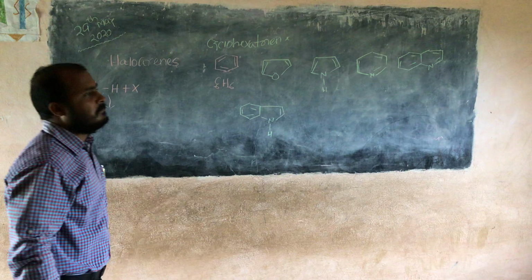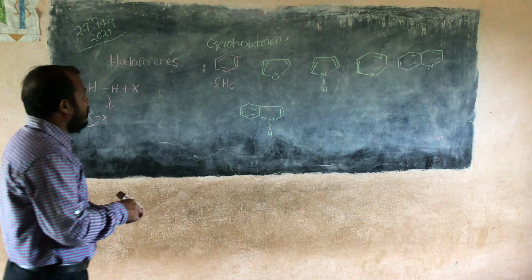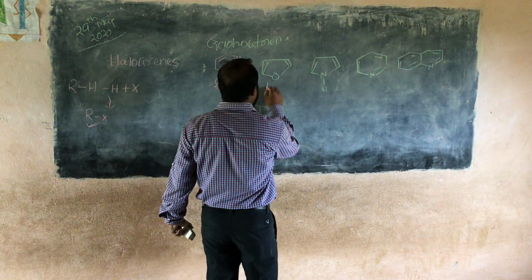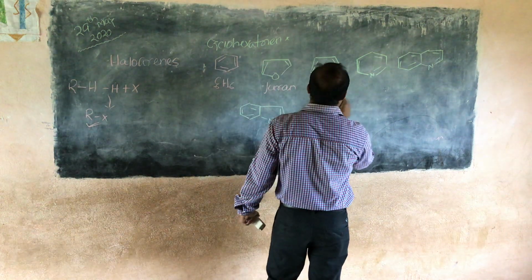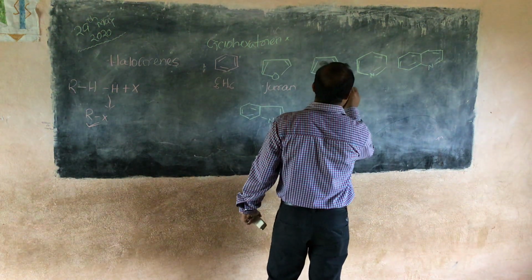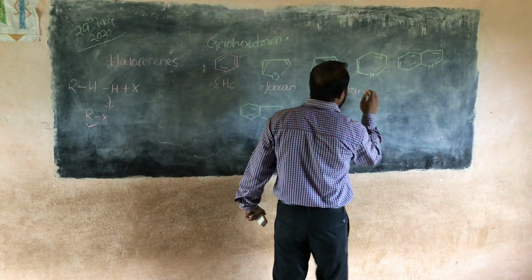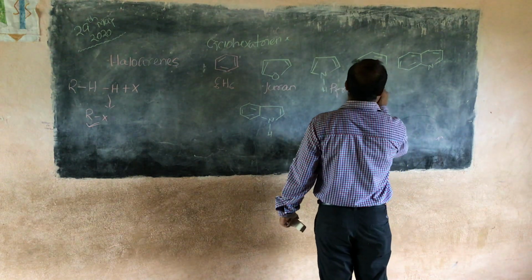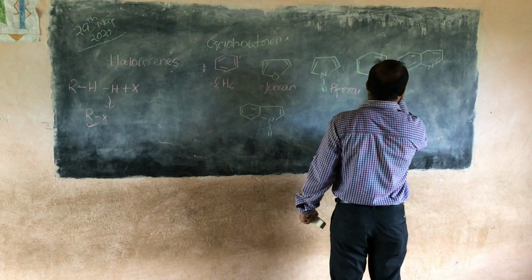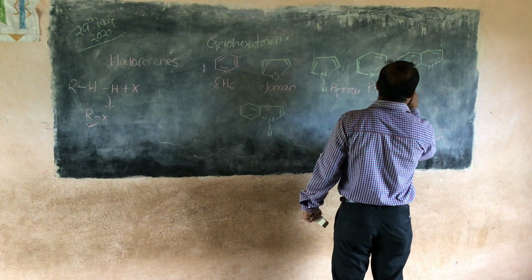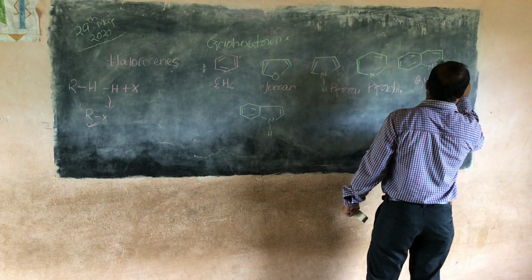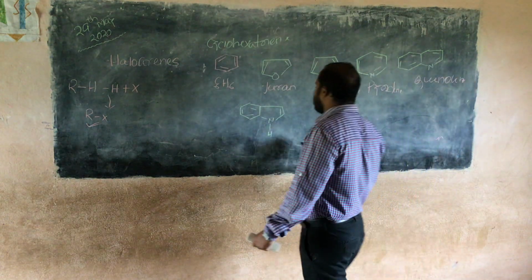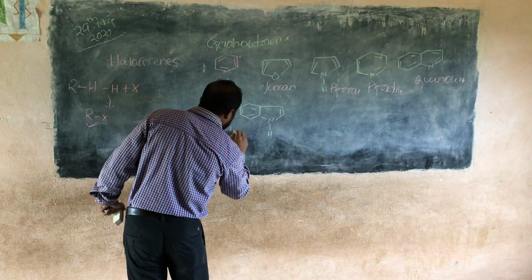These are some examples of aromatic compounds, and their names are: this is furan, pyrrole, this is pyridine, this is quinoline, and this is indole.